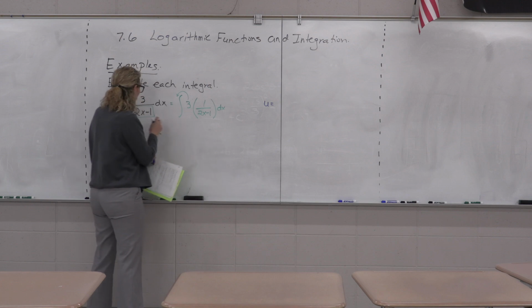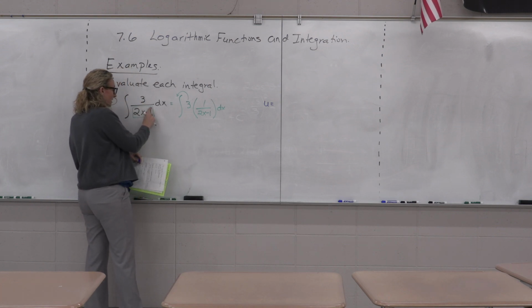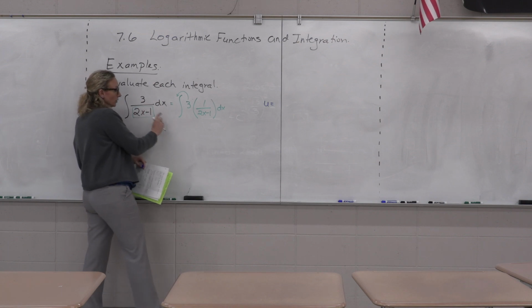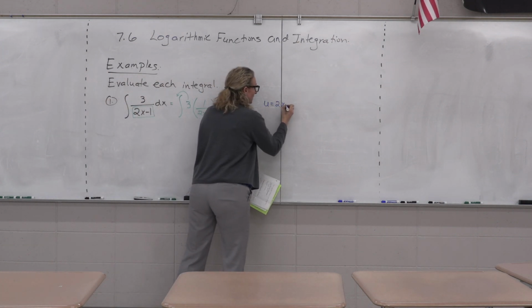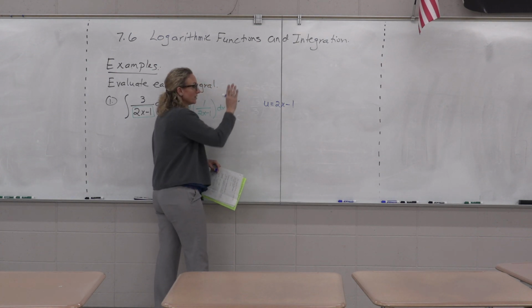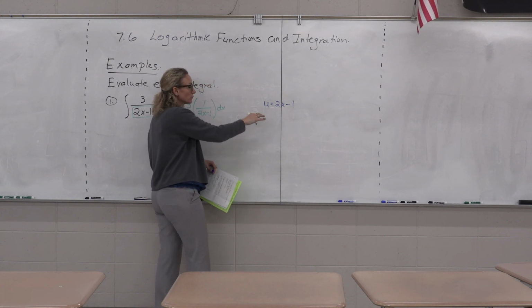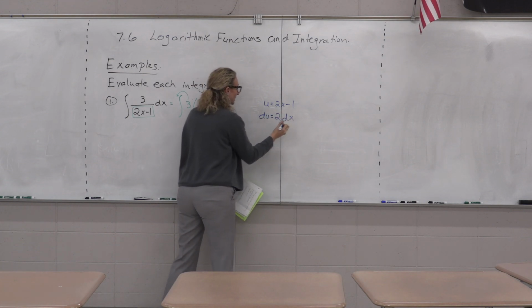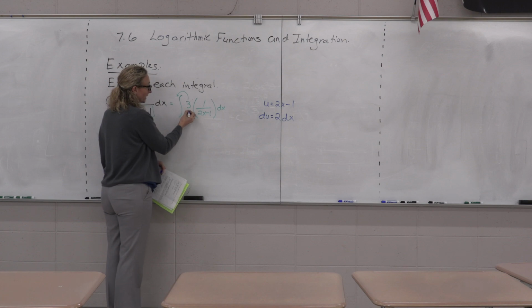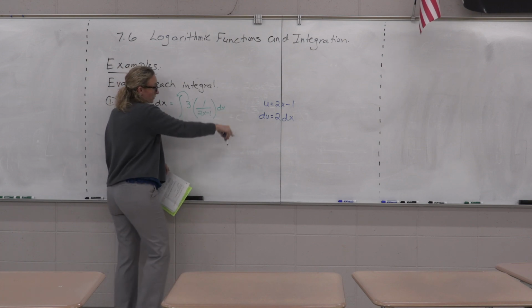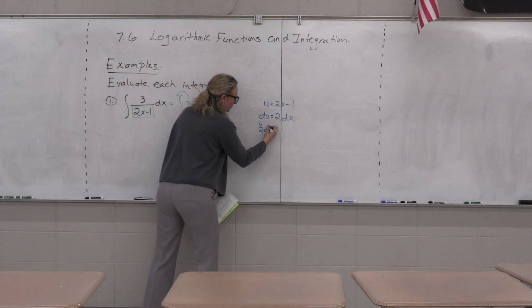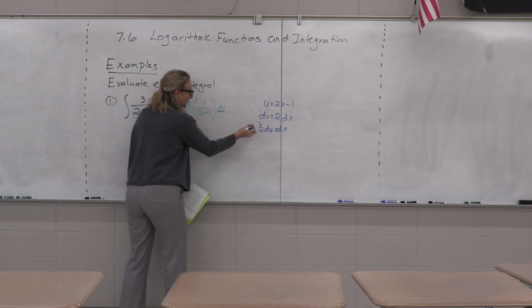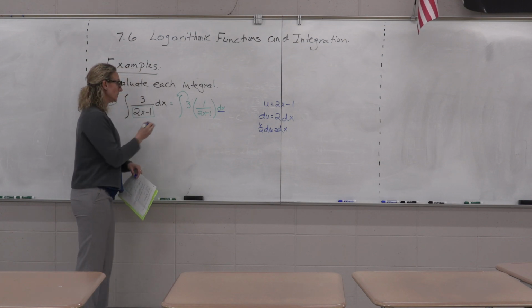U is equal to 2x minus 1. Then over here you take the derivative: du equals 2 dx. I got a 3, but I don't have a 2, so we just divide by the 2, or get 1/2 du equals dx. So this is going to be replaced by 1/2 du.